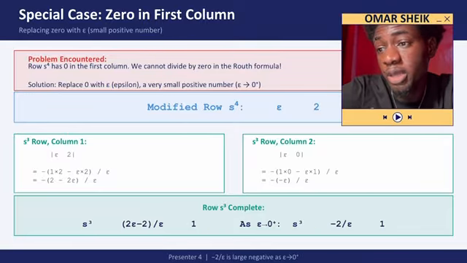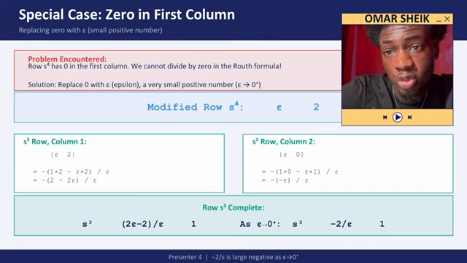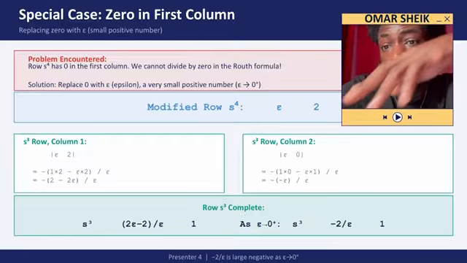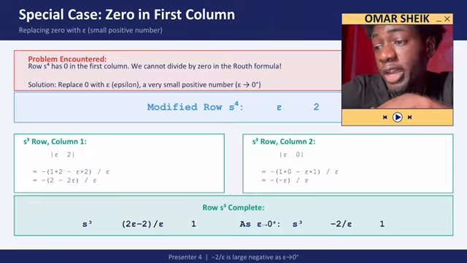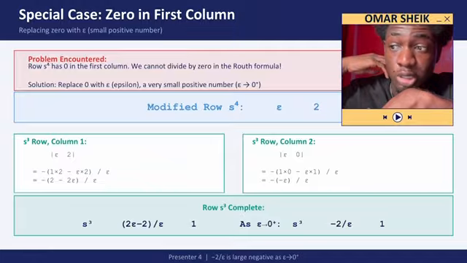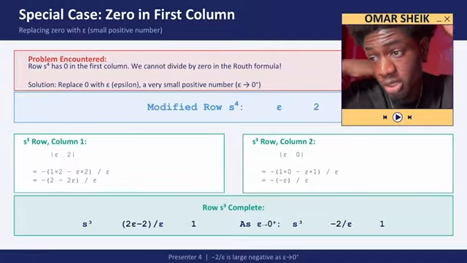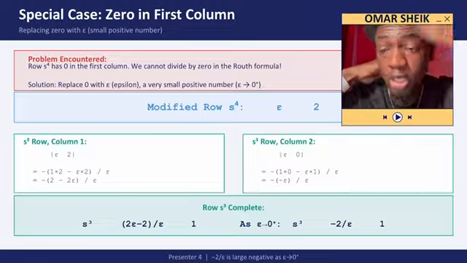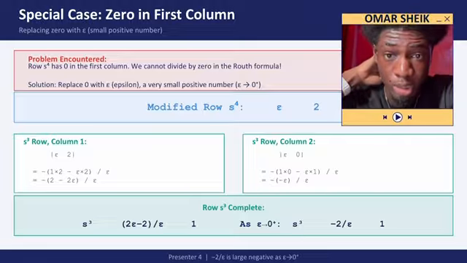For the first element of S cubed, we use rows S to the sixth and S to the fourth. With our matrix, our top row is 1 and 2. The bottom row is epsilon and 2, and the determinant is 1 times 2 minus epsilon times 2, which equals 2 minus 2 epsilon.